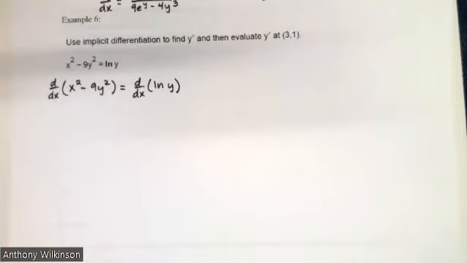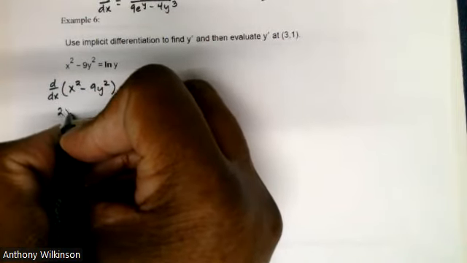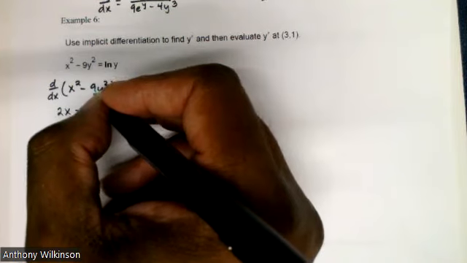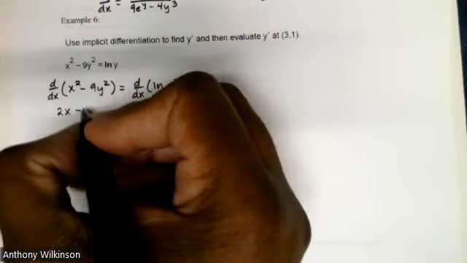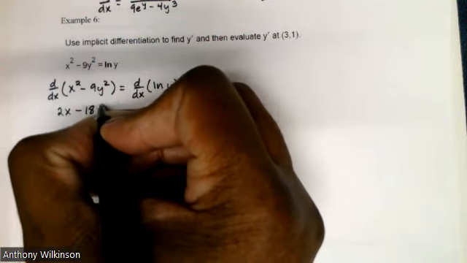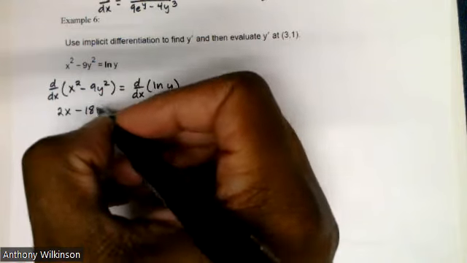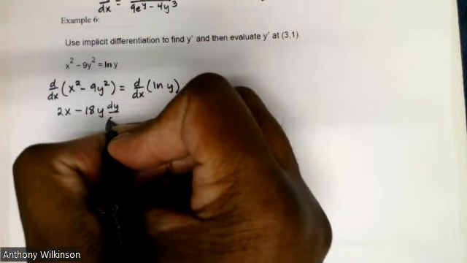So now the derivative with respect to x of x squared, that's simply going to be 2x minus the derivative with respect to x of minus 9y squared. If I bring the 2 down, multiply by 9, it'll be minus 18 here. Copy the y over to the 1 less power, but I'm taking the derivative of y. That means I need dy dx.